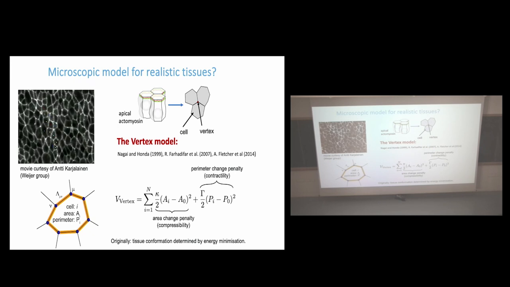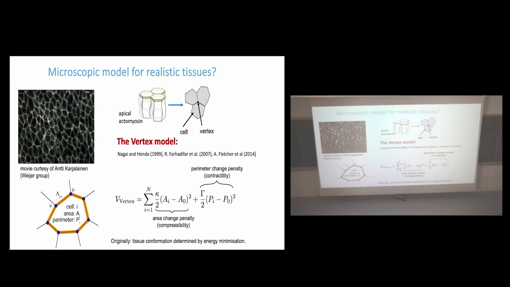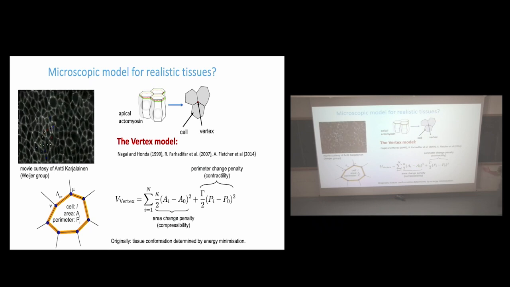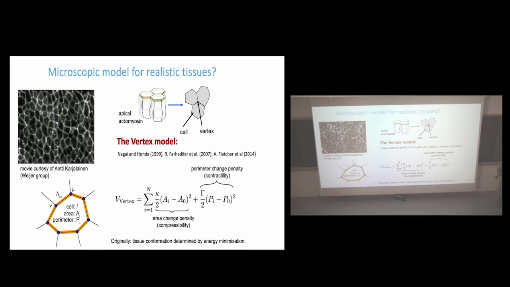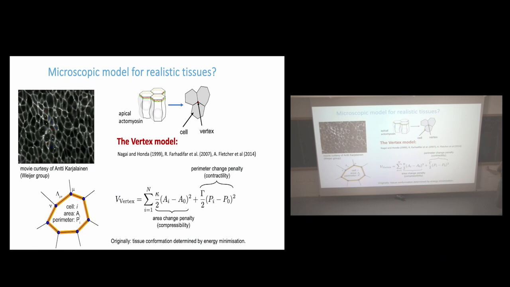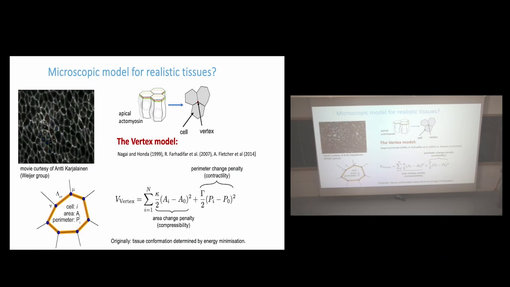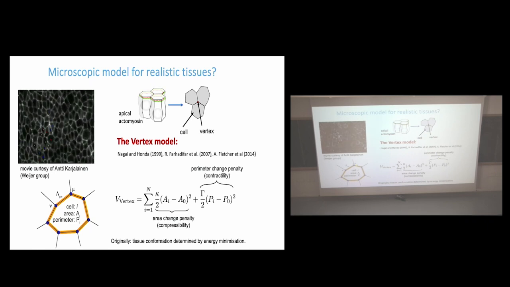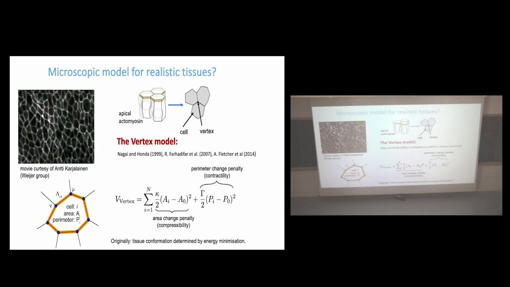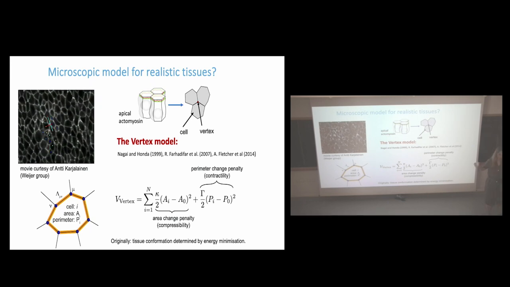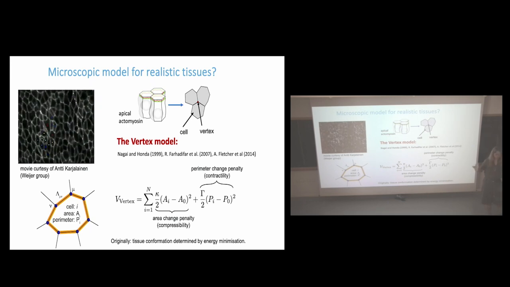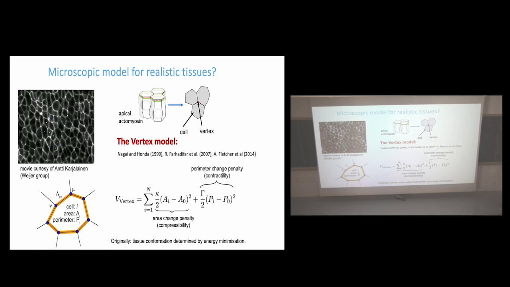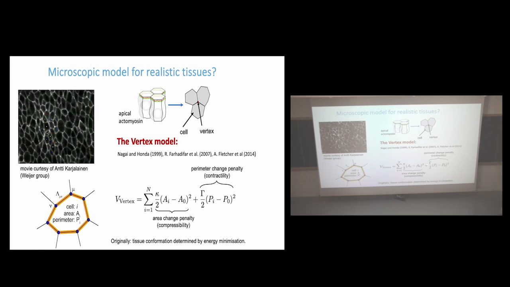It has an (A minus A0) squared, where A0 is the target area, so I'm going to punish fluctuations of my area away from a target area, so it's a compressibility, bulk modulus kind of term. I'm also going to punish fluctuations of my perimeter from its target perimeter, and that's a combination of active pulling forces, adhesion, and many different other things which you can recast in this form. So a perimeter change penalty (P minus P0) squared.